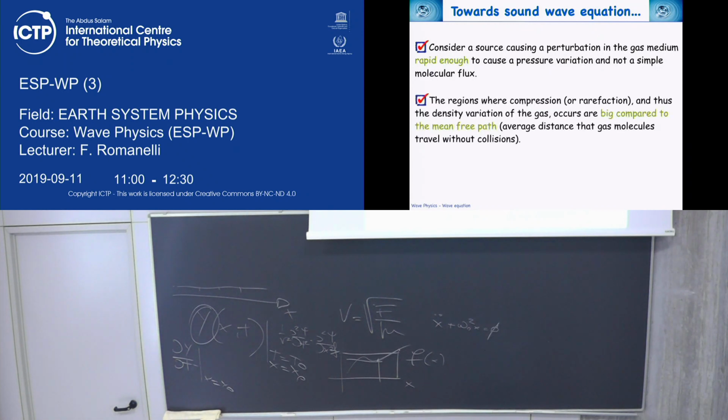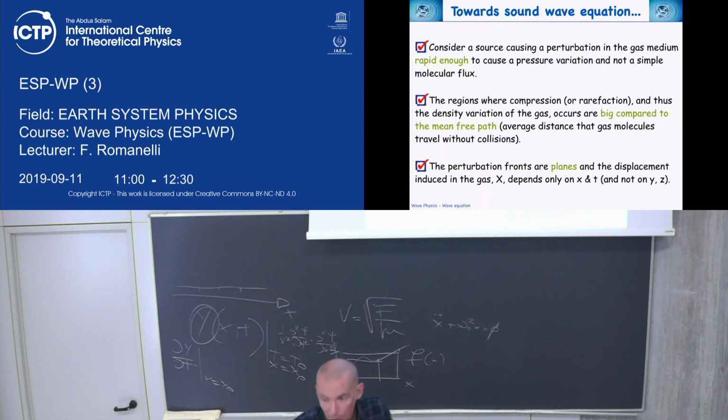So here are some wordy statements about the positions. And since I'm lazy, today we're going to consider perturbations along one dimension of this gas. And we will imagine that the perturbation is a plane wave, for lazy people. And so we're going to study this.